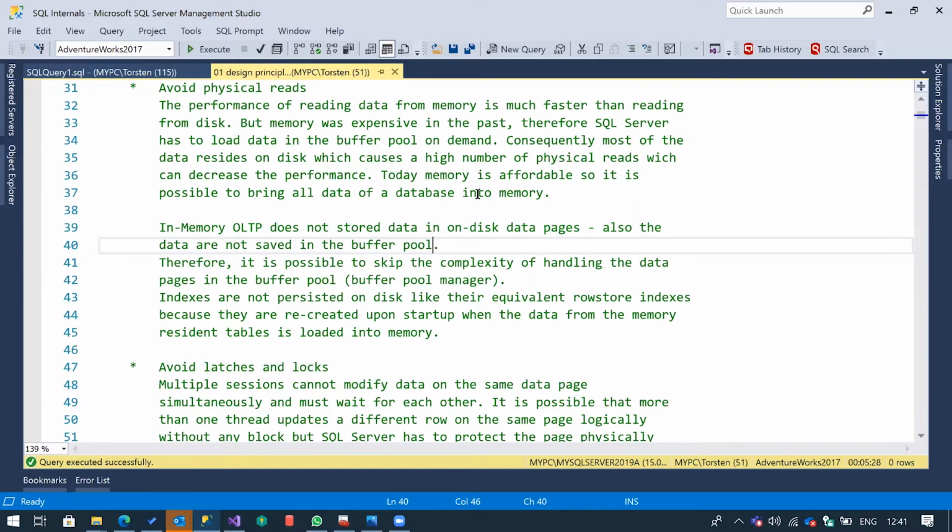Because there is nothing like a checkpoint, nothing is written to disk. That means you will lose the entire data, which is perfectly fine when you have an ETL or staging area where you can always reload the data on demand. That is not an issue. On the other hand, because you are not writing any information to disk, this is extremely fast.